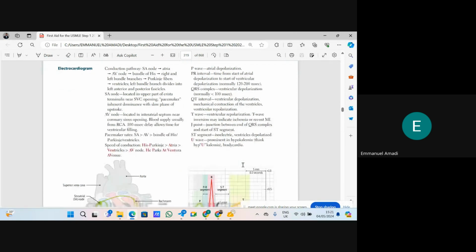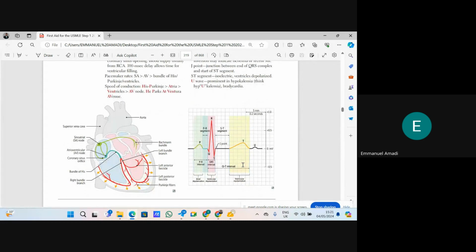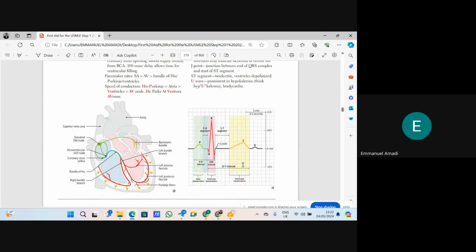So this is just the basic understanding you need to have, so that when we start talking about them in pathology, you will be able to follow. At least when I say the QRS complex is prolonged, you should understand that ventricular depolarization is prolonged. When I say there is inversion of the T wave, you should be asking yourself, what does the T wave do?